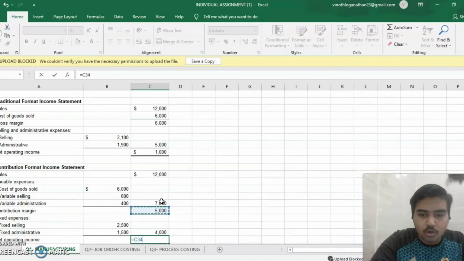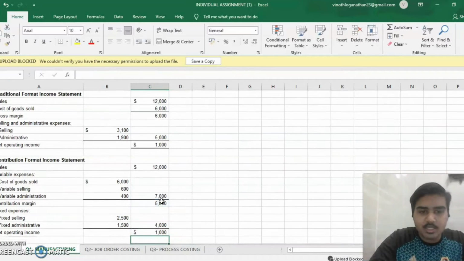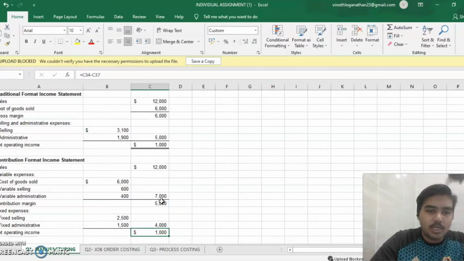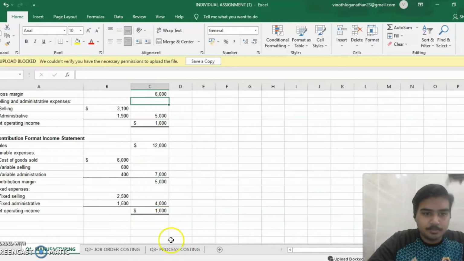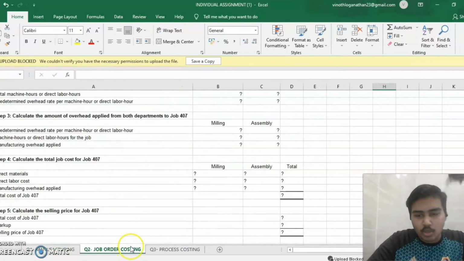And then you go for contribution margin minus your fixed expense. You get the net operating income, which should be the same as this. Both net operating incomes are the same. Then we go for job order costing.